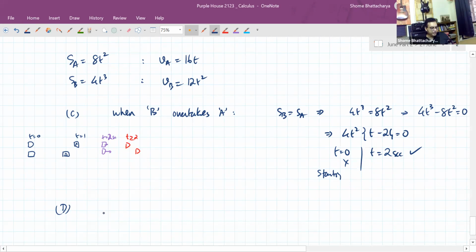Now in the D part we have to find when B speed becomes greater than A. So at what instant does vB become greater than vA? From above we can see that 12t square should become greater than 16t.